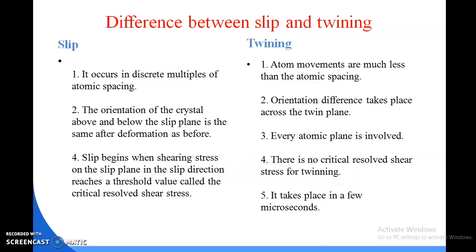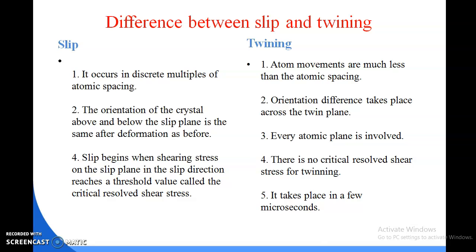Next is the difference between slip and twinning. So what is slip, what is twinning, and what is the difference between them? Slip occurs in discrete multiples of atomic spacing, whereas in twinning the atom movements are much less than the atomic spacing. Next, the orientation of the crystal above and below the slip plane is the same after deformation as before.